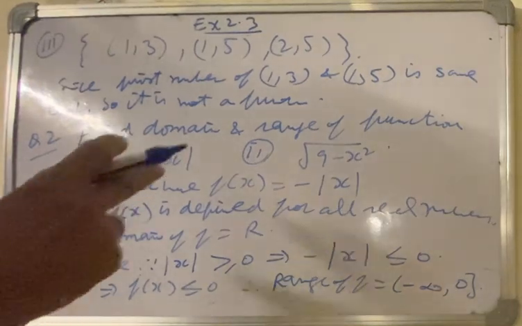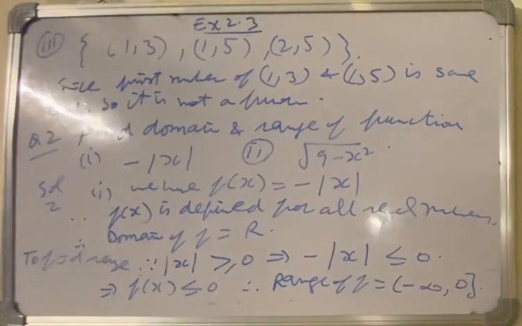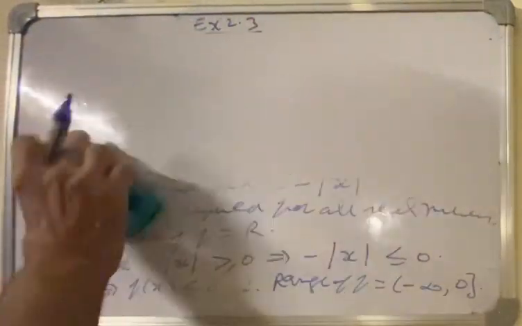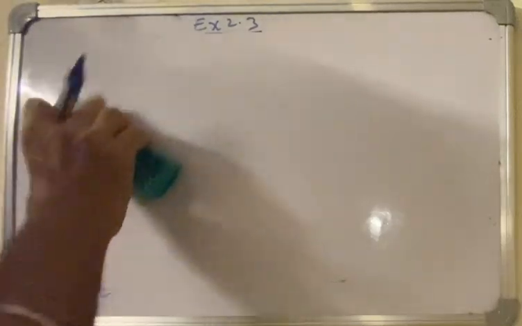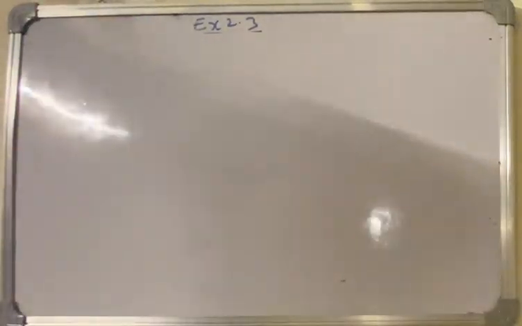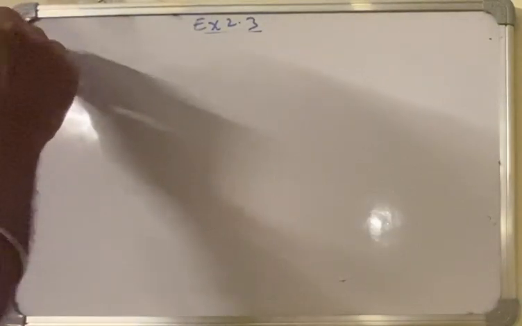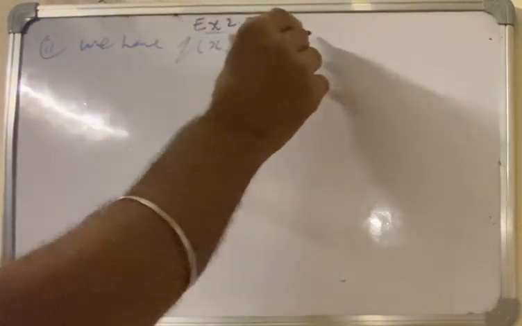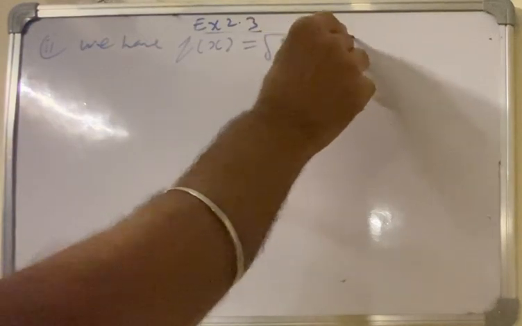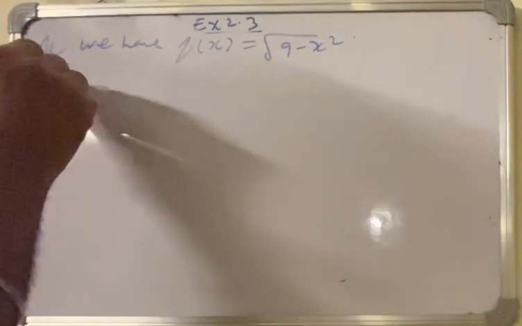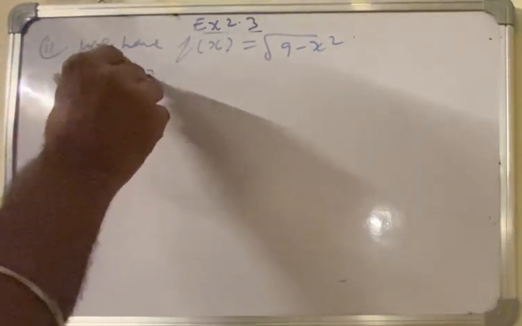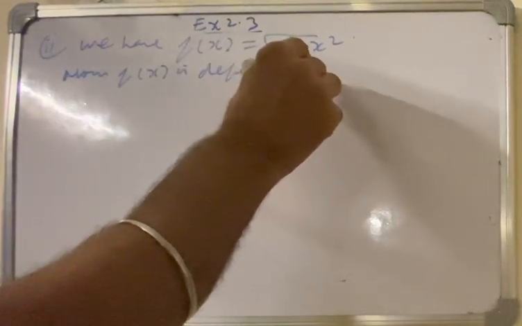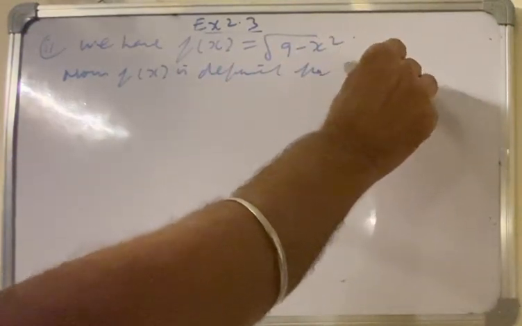In the second part, we have f(x) equal to square root of 9 minus x squared. Now, f(x) is defined for 9 minus x squared greater than or equal to 0.